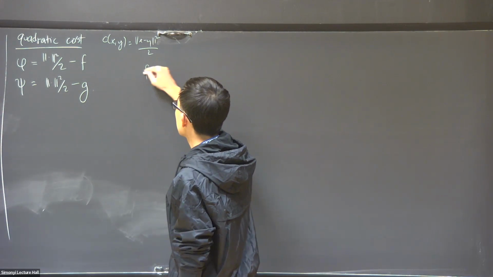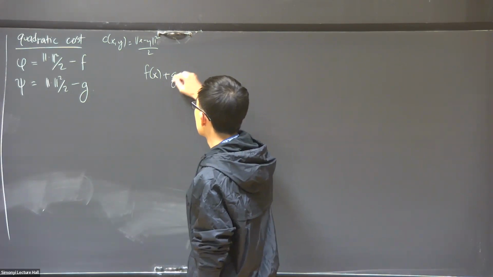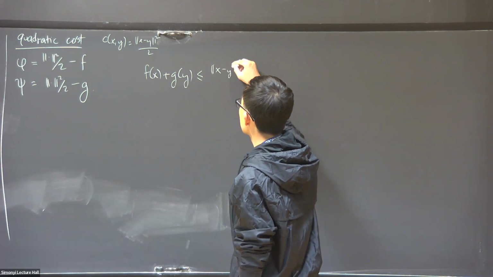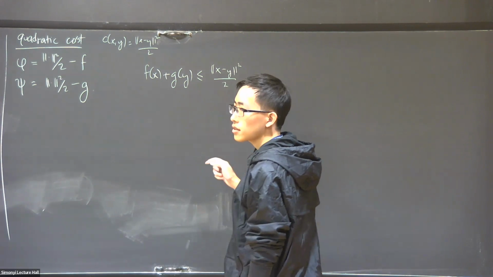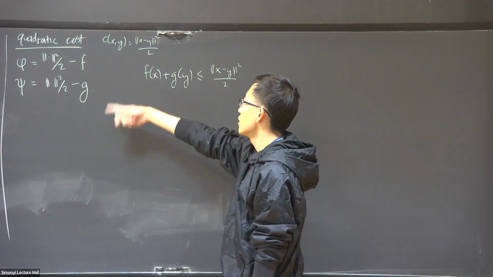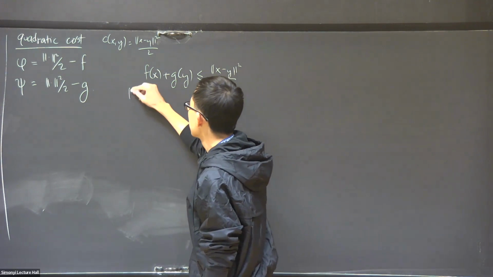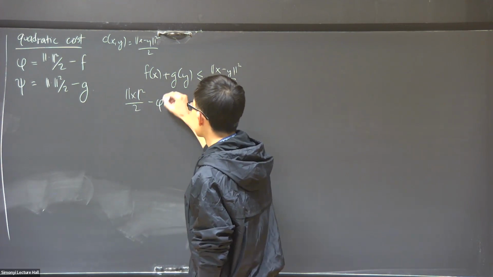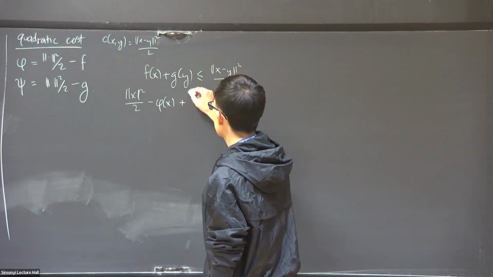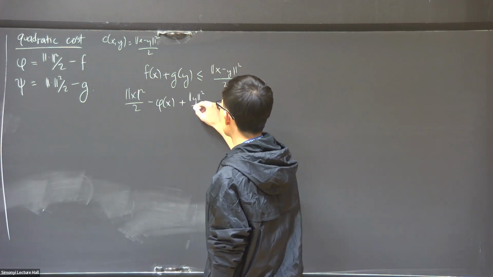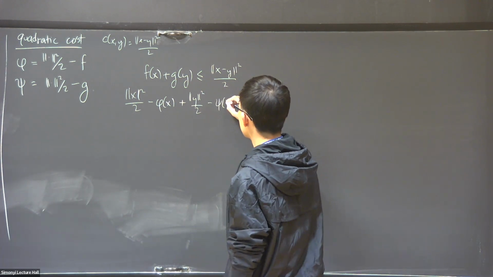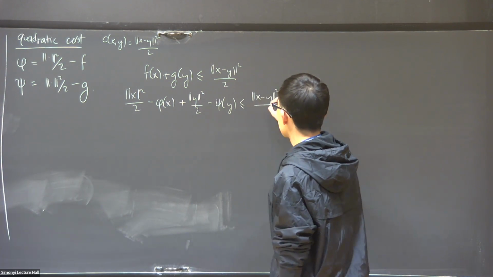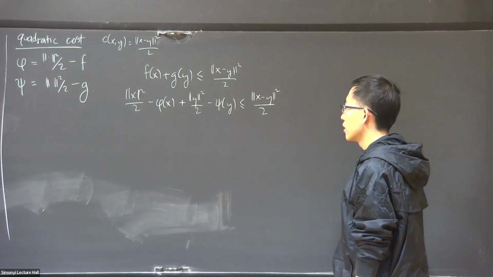Let's think about how the dual constraint translates. The dual constraint was that the sum of these two is at most this quadratic cost. But now I'm going to plug in for f and g. So I get the norm squared of x minus phi plus the norm squared of y minus psi.